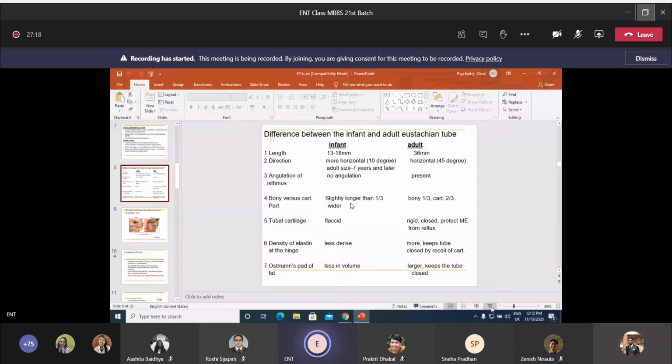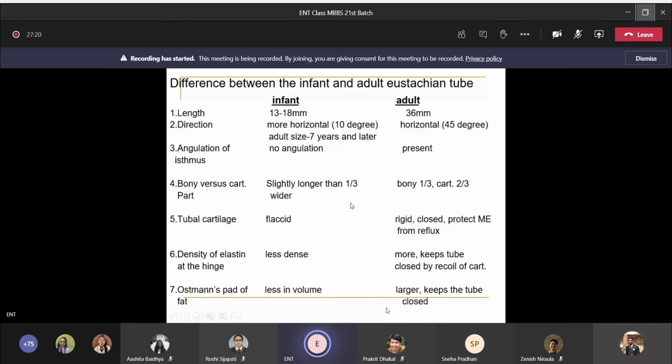Now, the length is shorter in infants, and the direction is more horizontal. Angulation is less. The ratio of the bony and cartilaginous part is longer in the infant. Tubal cartilage is flaccid in infants. Density of elastin at the hinge is less in infants and more in adults, and Ostmann's pad of fat is also less in volume in infants.